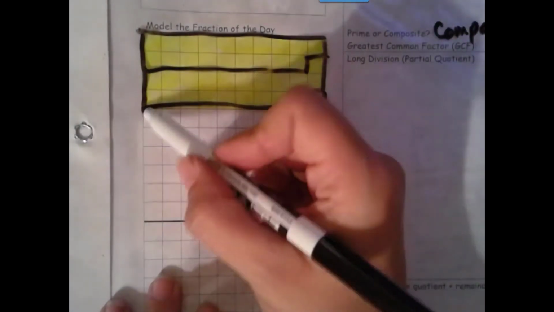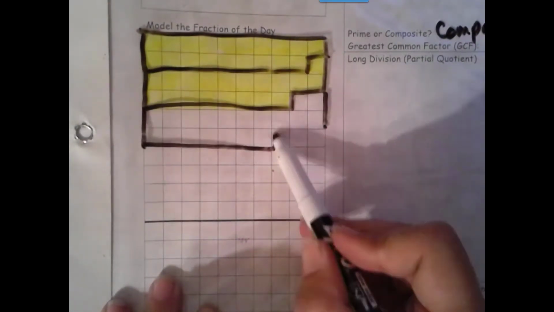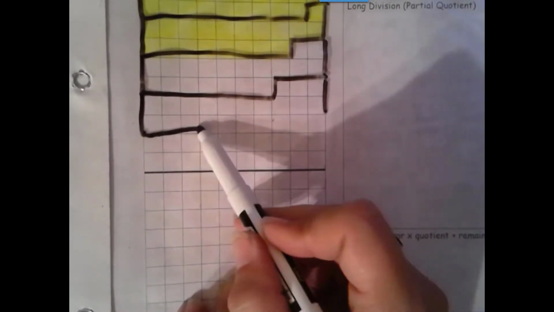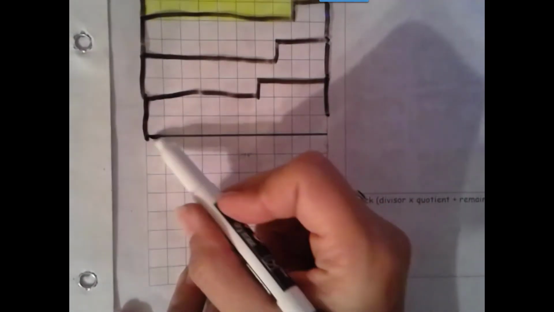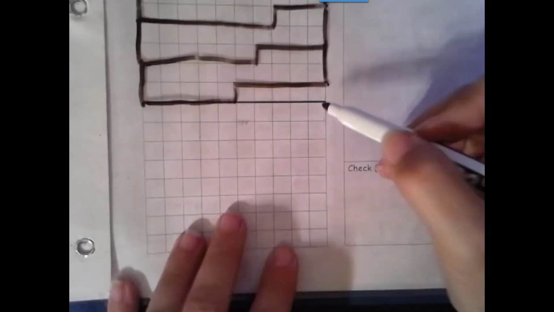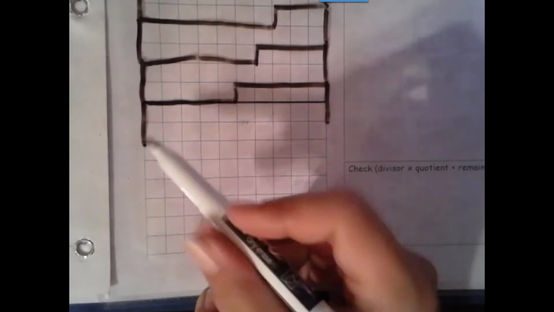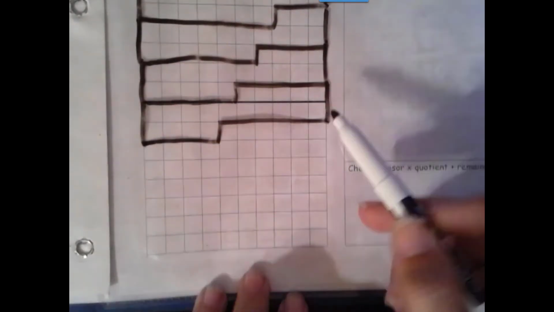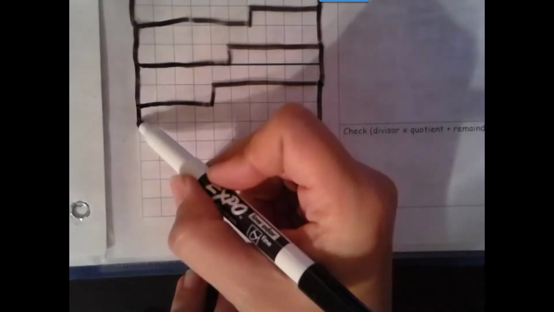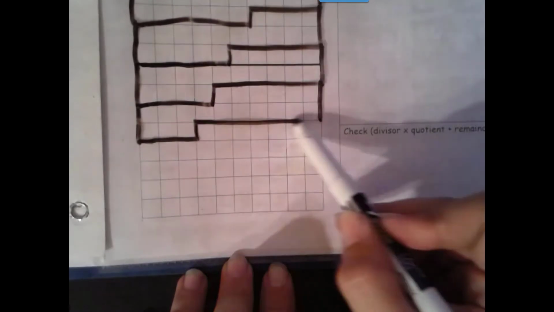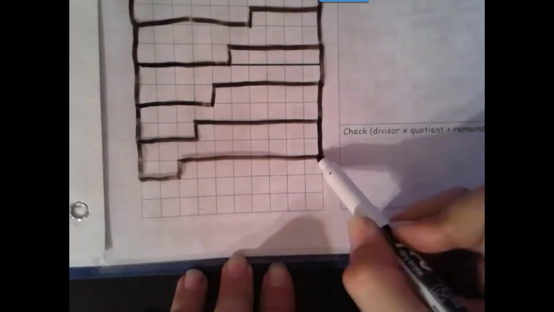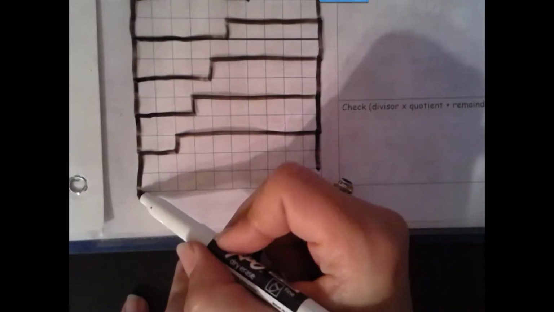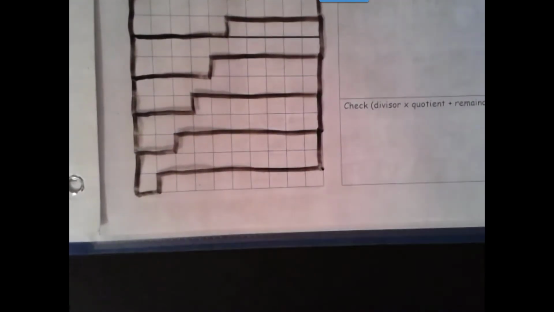So 2 plus 10 is 12, plus 7 is 19, 3 plus 10 is 13, plus 6 is 19, 4 plus 10 is 14, plus 5 is 19, 5 plus 10 is 15, plus 4 is 19, 6 plus 10 is 16, plus 3 is 19, 7 plus 10 is 17, plus 2 is 19, 8 plus 10 is 18, plus 1 is 19, and I'm left with 9.